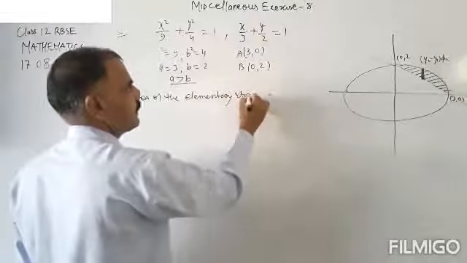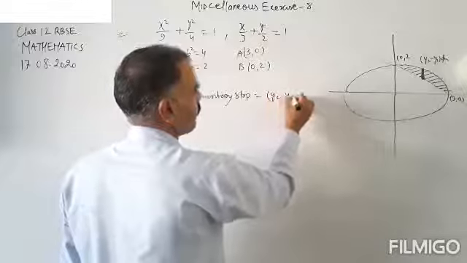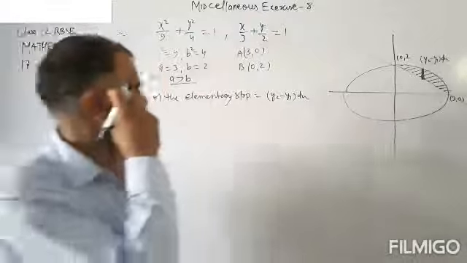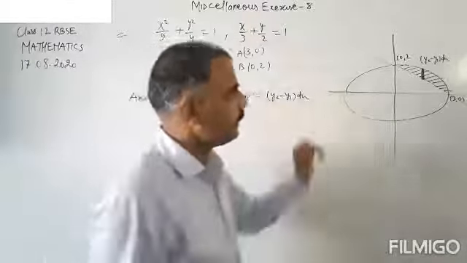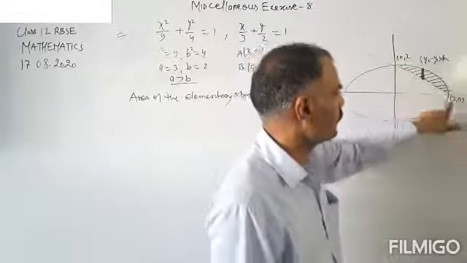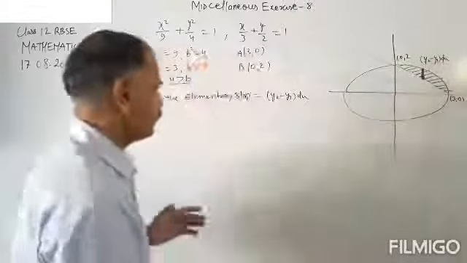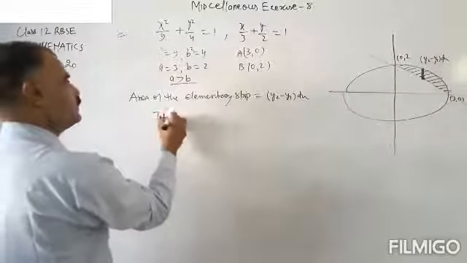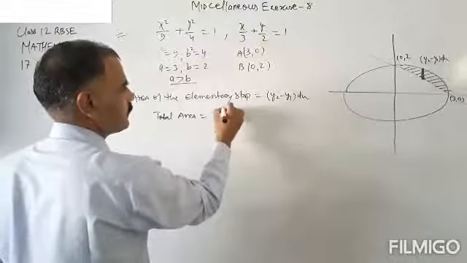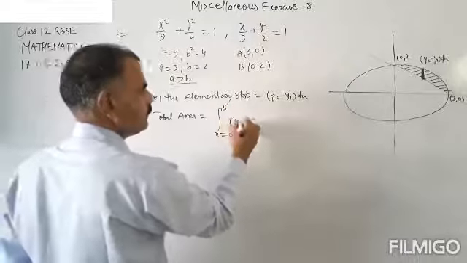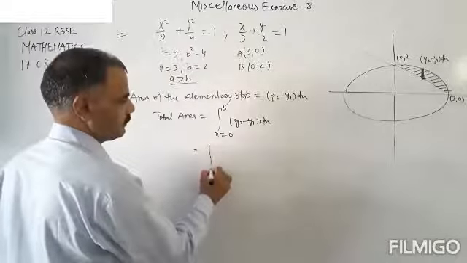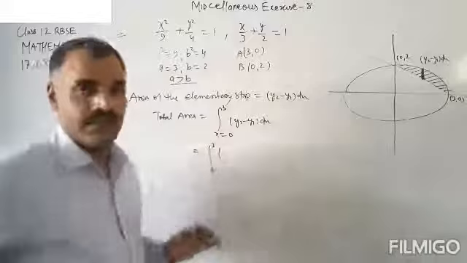Now this strip will move from the limit x equals 0 to x equals 3. So total area is equal to the integral from x equals 0 to x equals 3 of y2 minus y1 dx. Now this is equal to the integral from 0 to 3, where y2 means y upper.